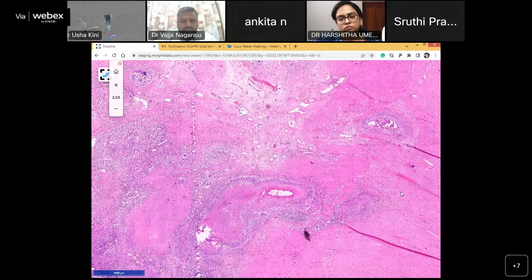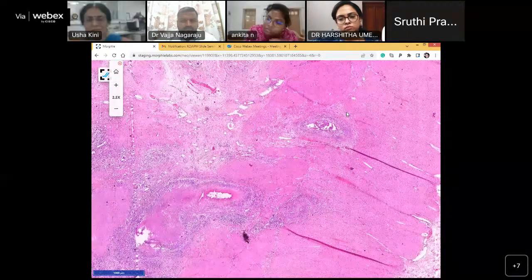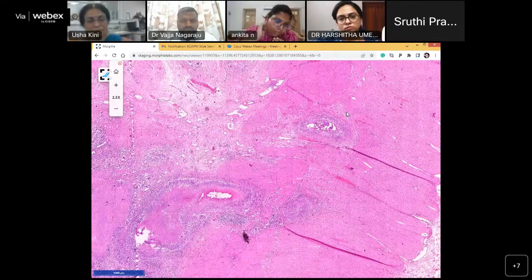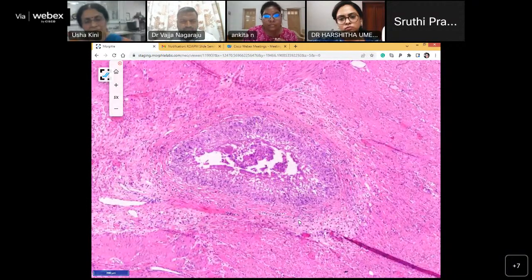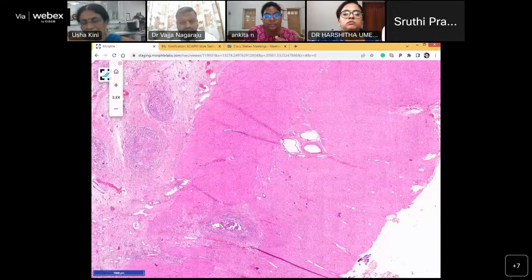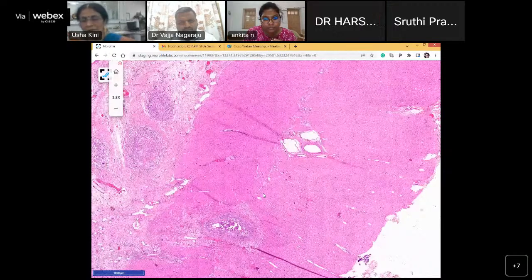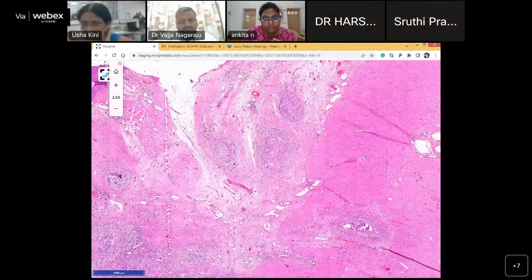Here is a blood vessel which is not involved, and they are in the plane of the myenteric plexus. That is where normally blood vessels are seen. They come in from the serosa, between the inner and outer muscle layer.